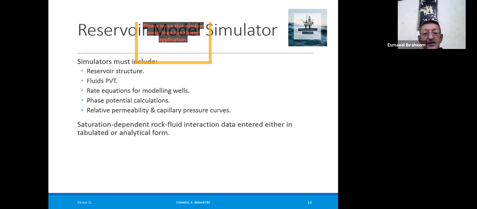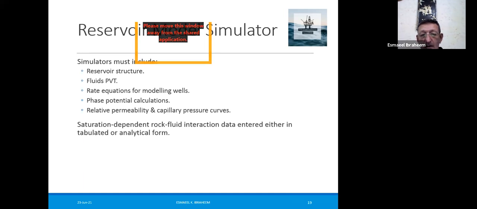What you should have in the simulator will aid you in choosing the best simulator for your case. Simulators must include reservoir structure, fluid PVT, rate equations for modeling wells, phase potential calculations, and relative permeability and capillary pressure curves.